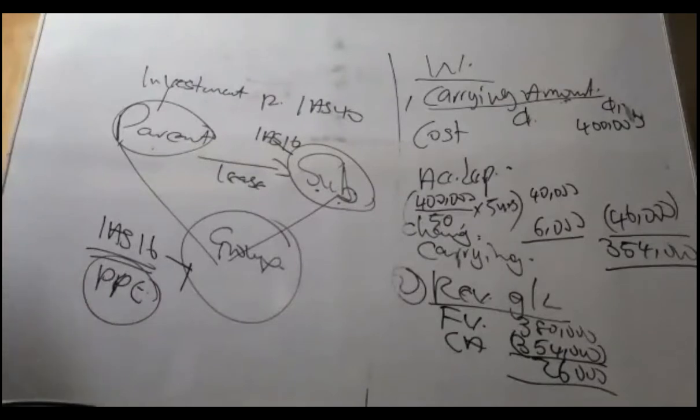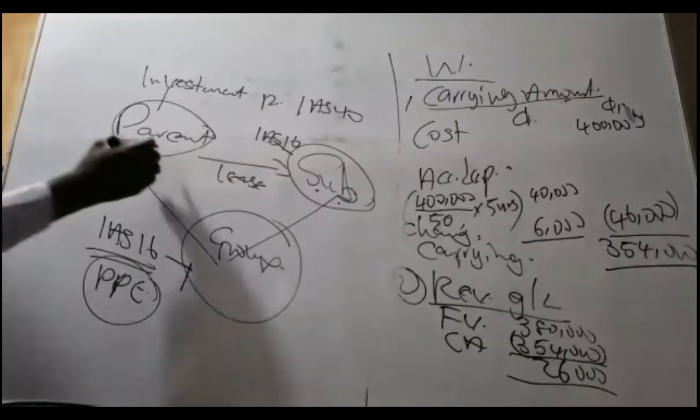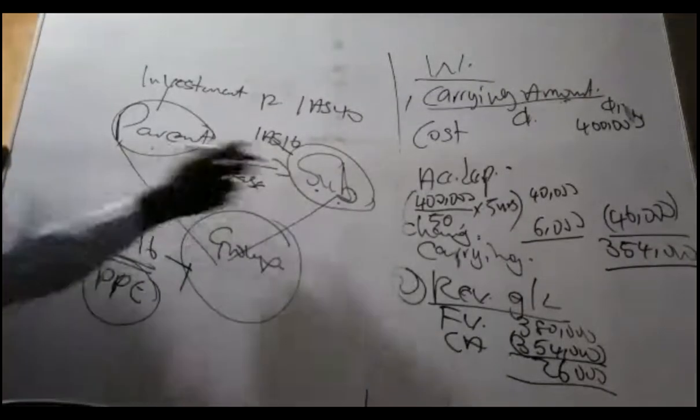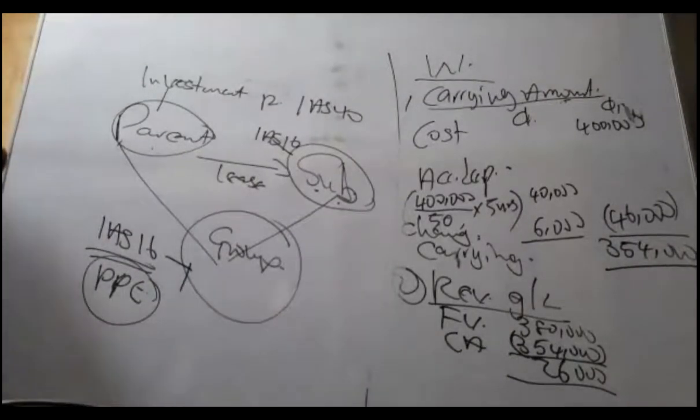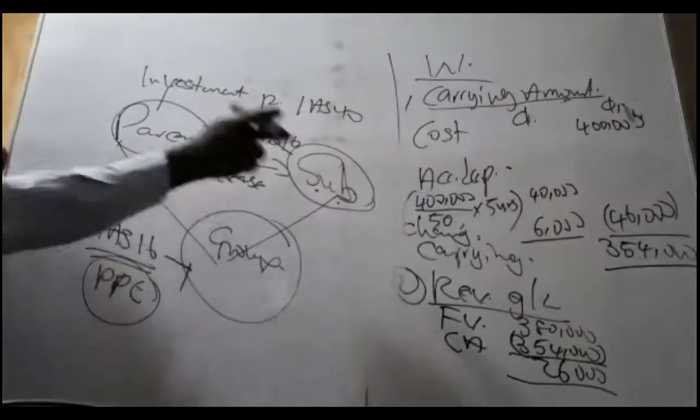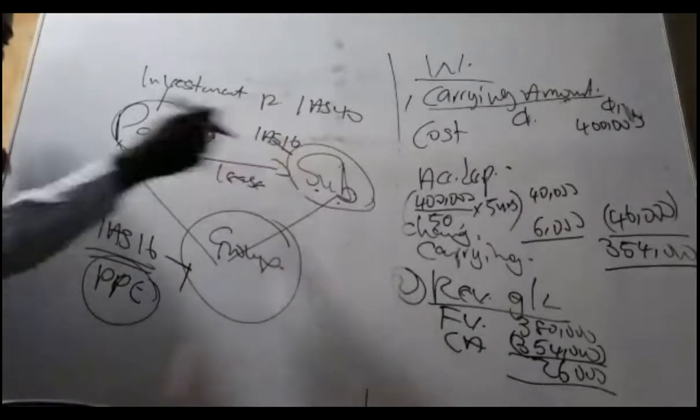A single economic unit. So if you are a single economic unit, you cannot rent equipment at the same time you are using it. So parent rents, subsidiary using it. Meanwhile, these two they are one, the two shall be what? One.